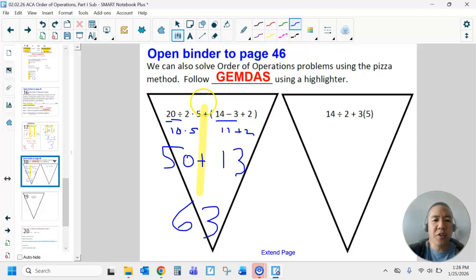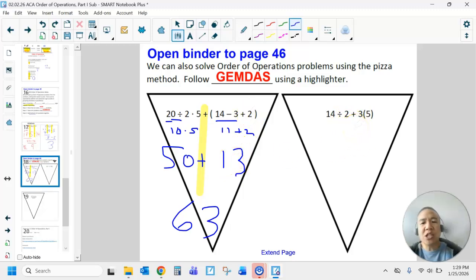All you have to know is if you highlight any adding or subtraction, it separates it into mini problems. And you literally just solve the left as you see it. 20 divided by 2 times 5. Don't overthink it. 14 minus 3 plus 2, 13.